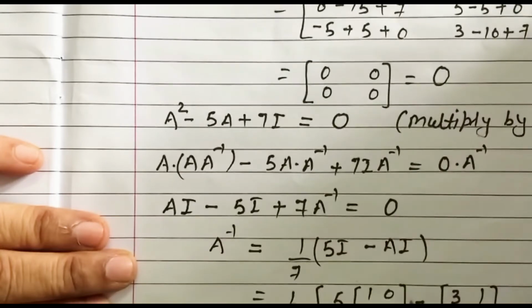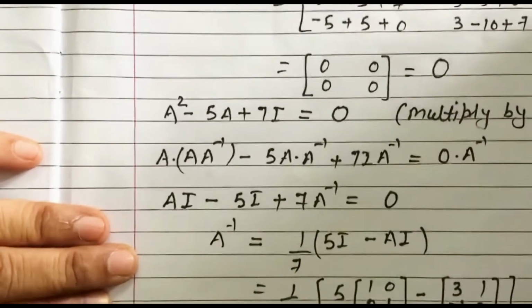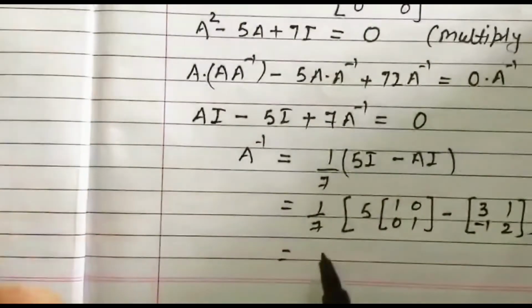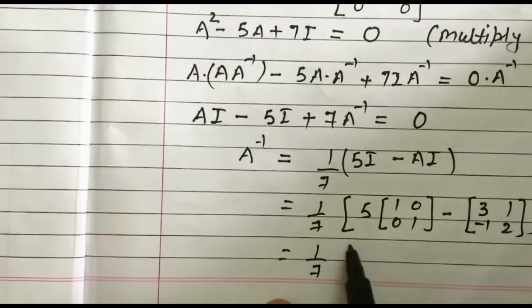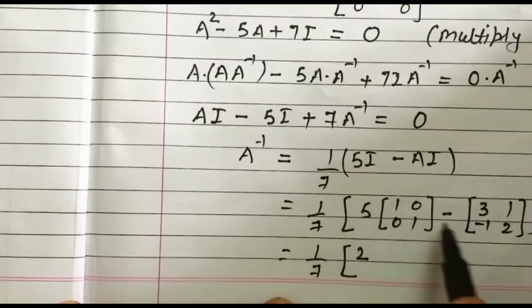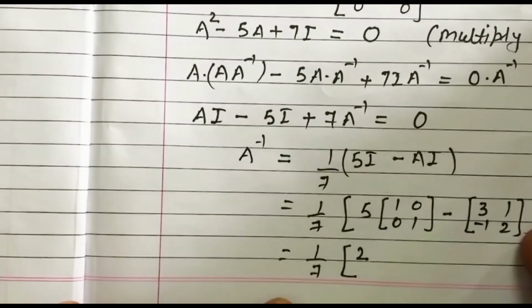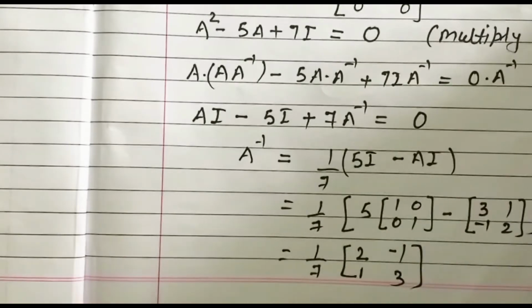Write as it is; A into I gives A only. Now solve it. You will get 1 by 7 times the matrix 2, minus 1, 1, 3. So this is the answer.